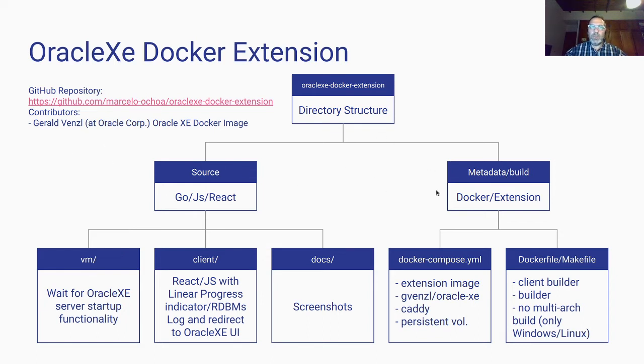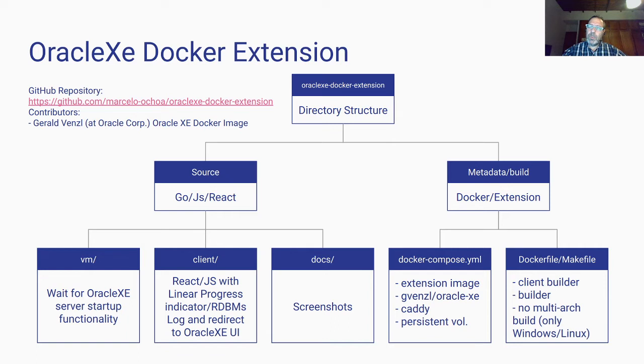It's divided into main parts: the VM, similar to pgAdmin, for checking once the Oracle database is up, and the client directory with the code for rendering the UI on Docker Desktop. The Docker Compose file includes the image, and the Dockerfile and Makefile are for building this extension.